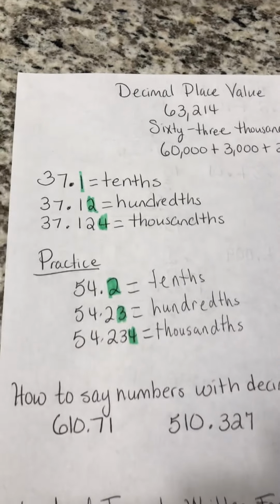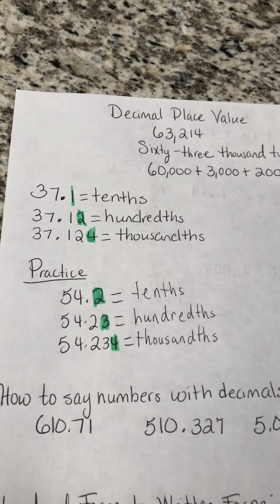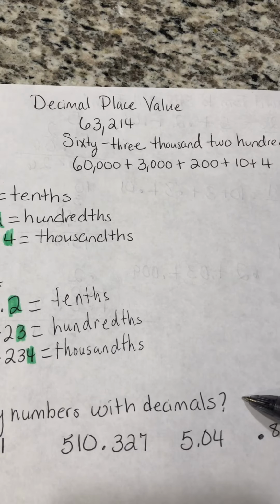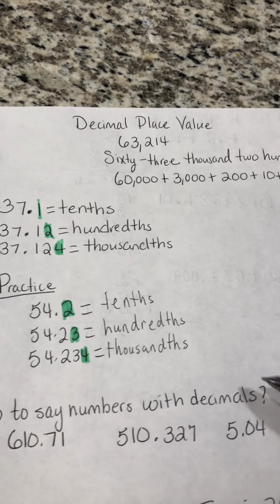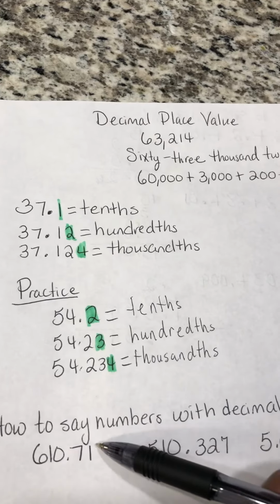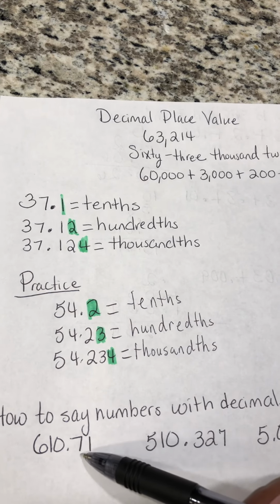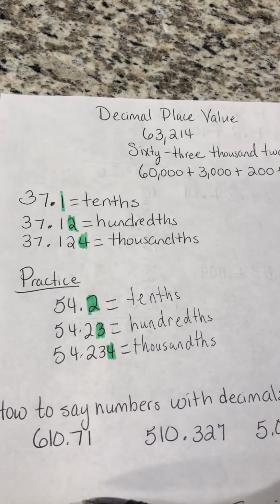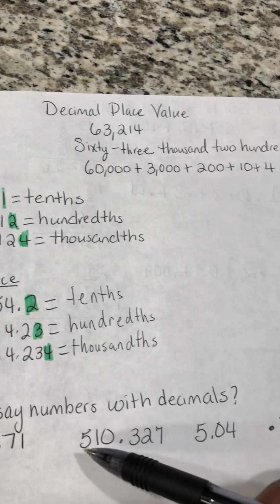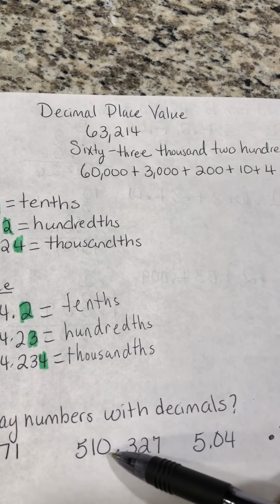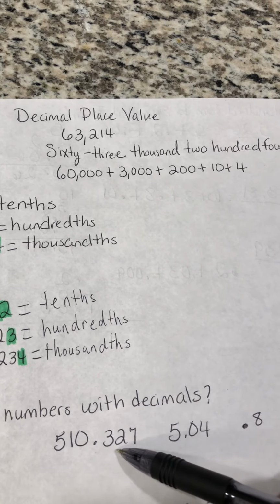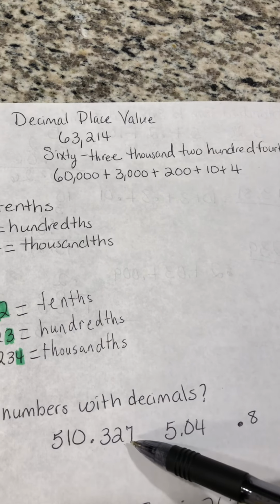Okay, let's move down just a little bit. How to say numbers with decimals. Okay, so just listen to me and you say at home exactly what I say. 610 and 71 hundredths. 510 and 327 thousandths.